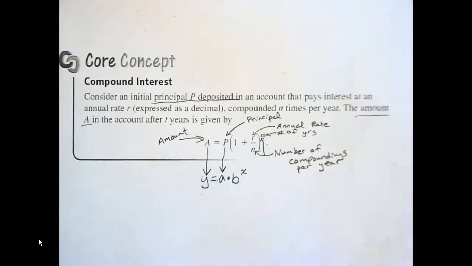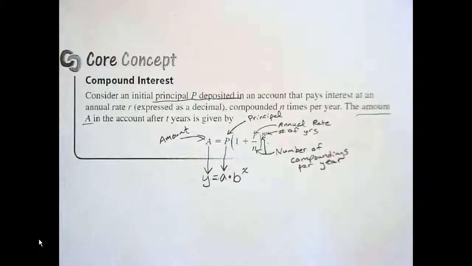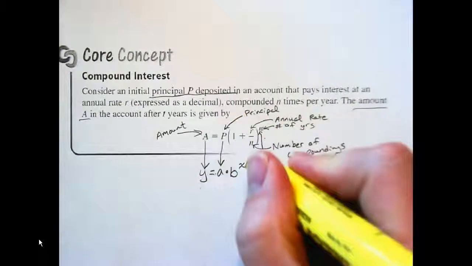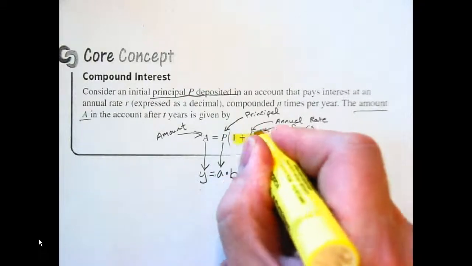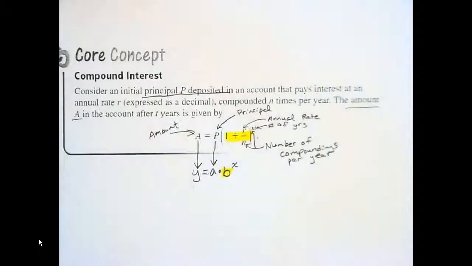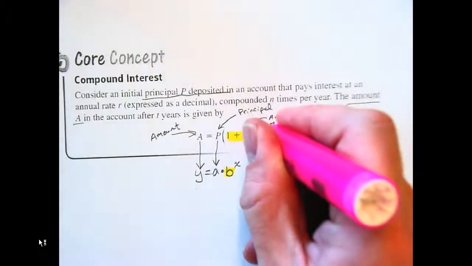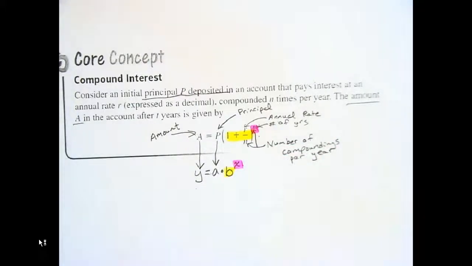Remember, these a's are different. This is our initial amount. What changes though is what's in parentheses here. All of this stuff inside parentheses is our b value. And this stuff on the outside, our power up here, that is our x.